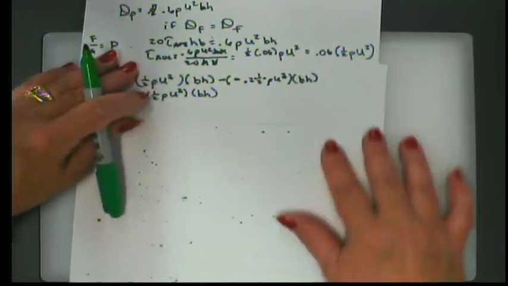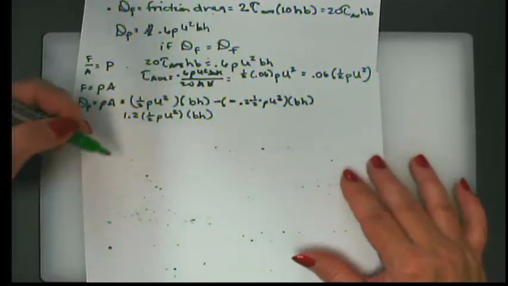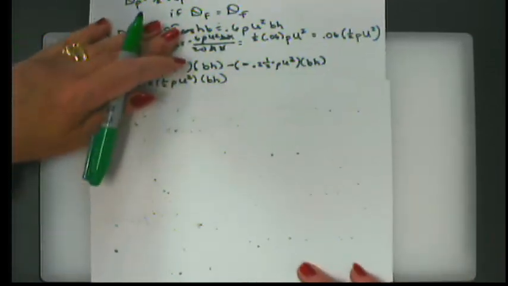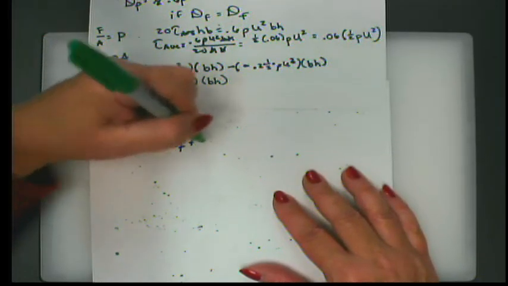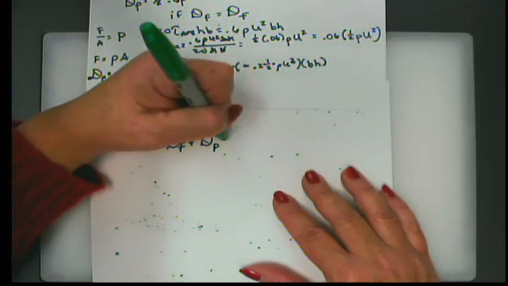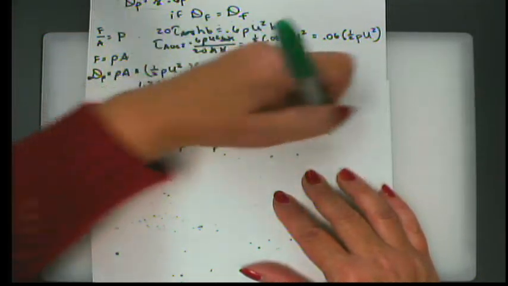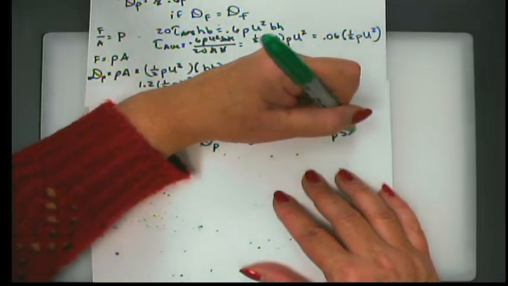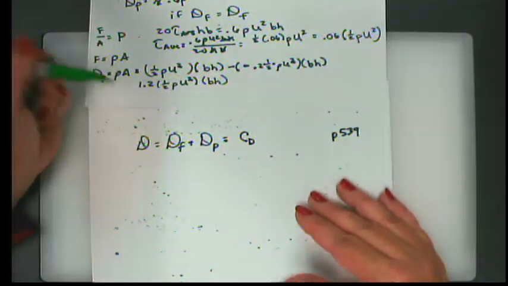All right, the second part asks us to find the drag coefficient. Well, first of all, we have to get our total drag force, which is going to be d sub f, drag due to friction, plus drag due to pressure. Both of those things added together is going to be the equation from page 539 for the force of drag, based on the drag coefficient.